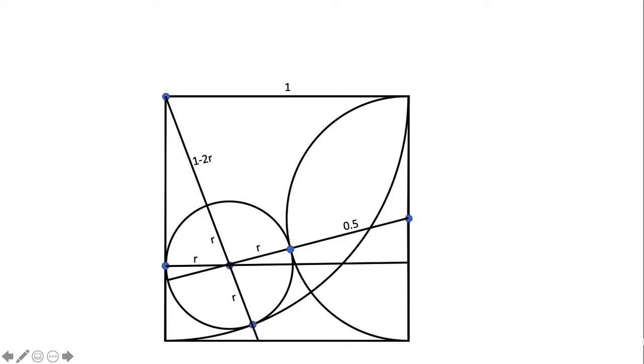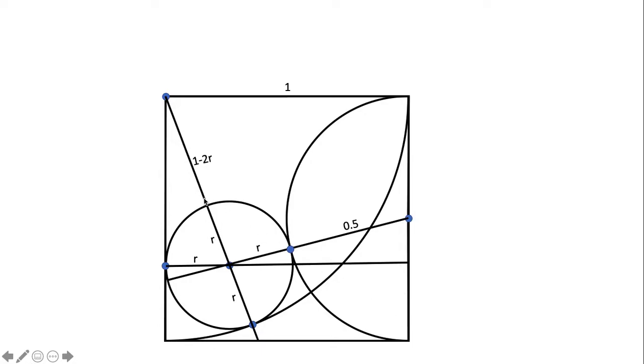So putting some numbers on here, I'm calling the unknown radius r. So that's r, that's r, that's r there, and that's r there. That's 0.5 because it's the radius of the medium circle.